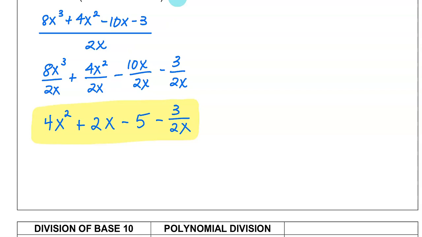So, I just want to put a little note in our notes here. So 3 over 2x is not the same as 3 halves x. You can't just bring the x that's in the bottom to the side.